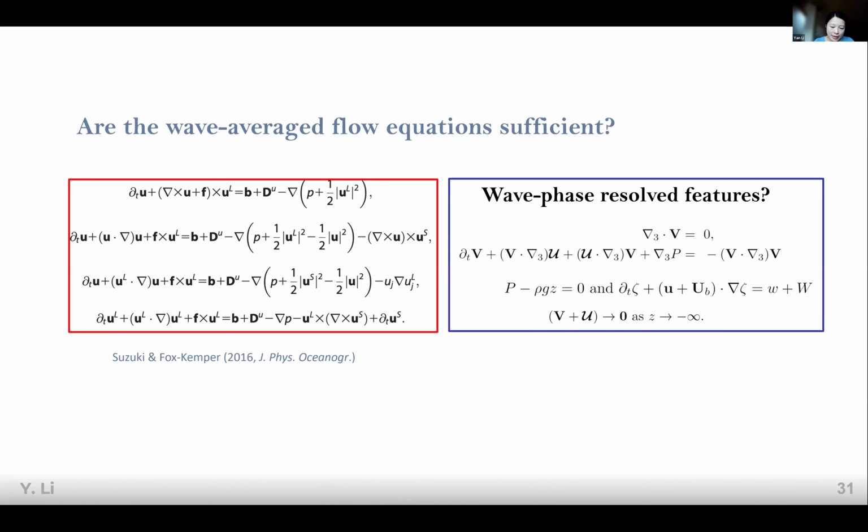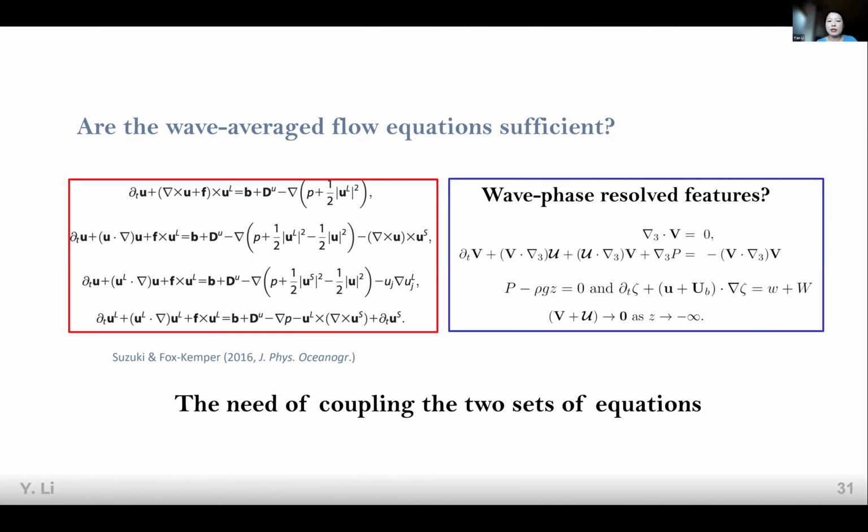My answer is no, because the phenomena that I reported at the third order especially require wave phase-resolved features included in the equations. This highlights the need of coupling the two sets of equations, involving wave-averaged and also wave phase-resolved equations.